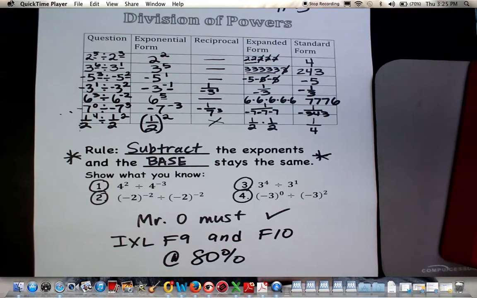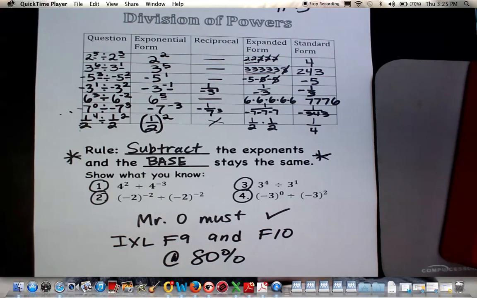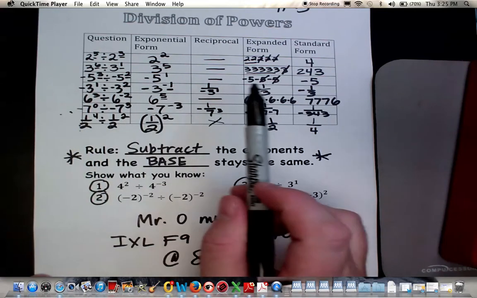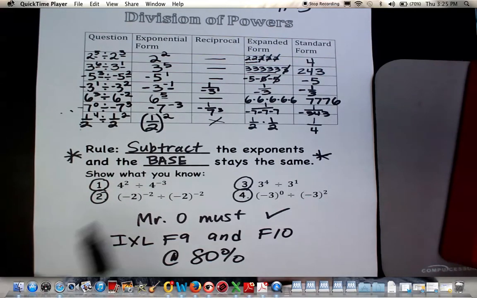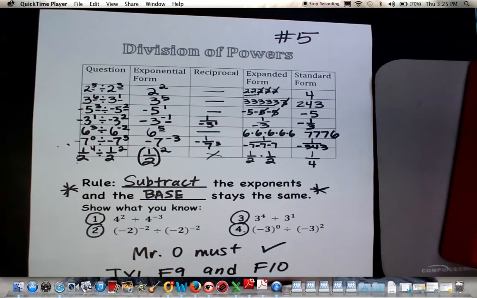It's on your Moodle, so please look. Have Mr. O check these to make sure you're doing it right. Use the organizer. Follow the order of what's going on. This is notes number 5, by the way. Please put those behind notes number 4 and keep them out so that if you need help with them, I will be glad to help you. Thanks.